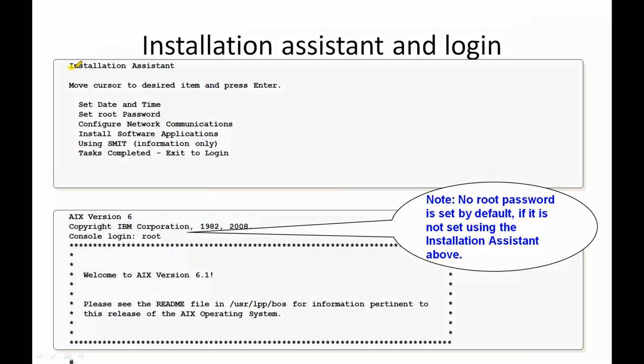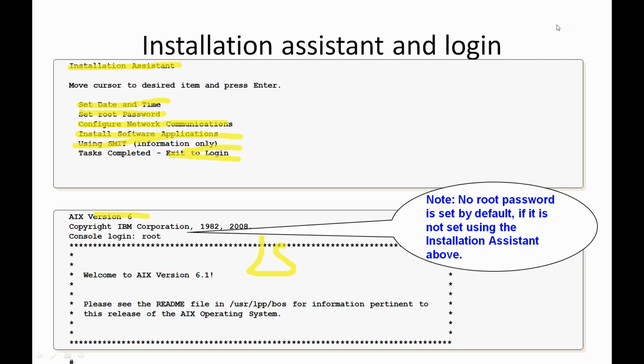It asks you to set the date and time, set the password, configure the network, install software applications, submit, and complete the task. When you exit, you will get a login prompt where you put the username and password and you will be logged in.